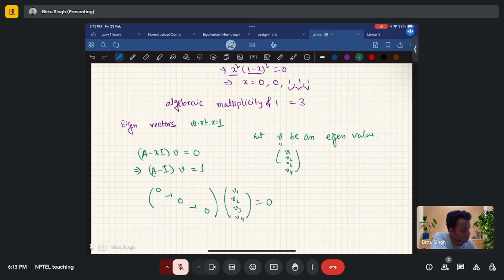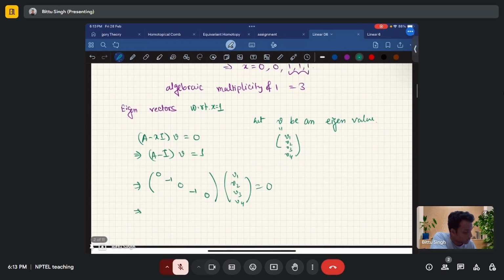equal to 0, but this will imply minus v2 equal to 0, and this row will give minus v3 equal to 0. So from here it is clear that the solution space of this equation, sorry, this is actually 0.